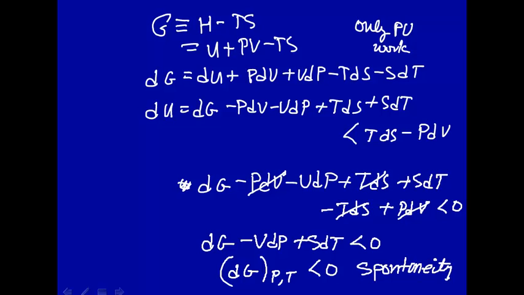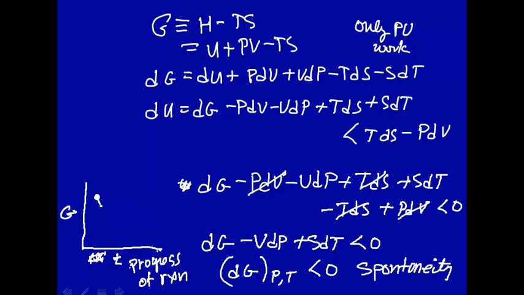reaction is spontaneous. So remember at the very beginning, or maybe even from introductory chemistry, if we look at, say, the free energy versus the progress of the reaction, we have this graph, and we have reactants here. It goes like this, it's down here, it goes like this. This is at constant pressure and temperature, so it's just sitting in the laboratory in a beaker where you maintain a constant pressure.